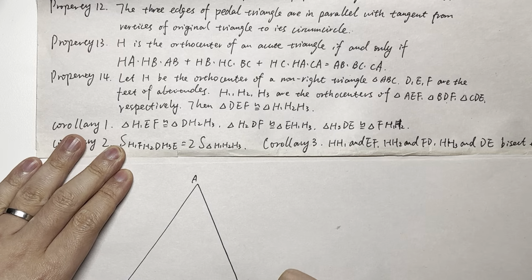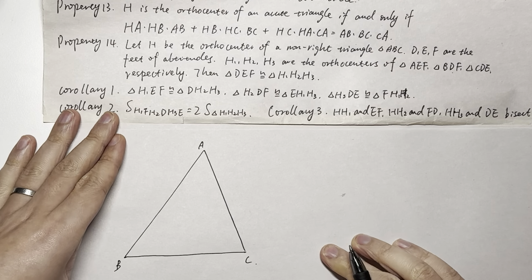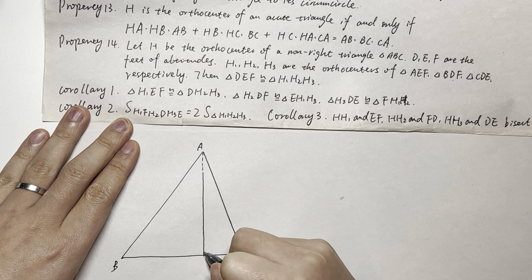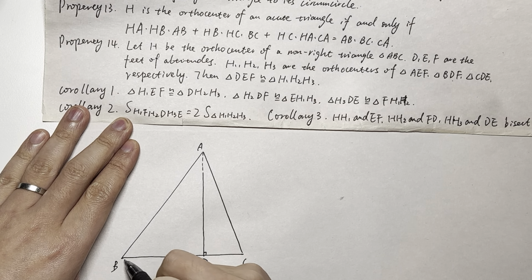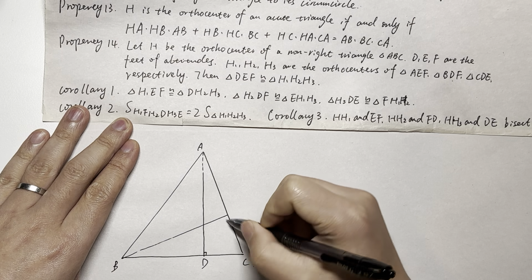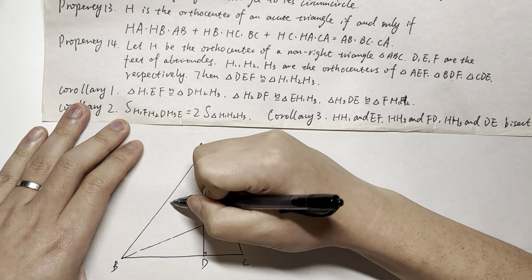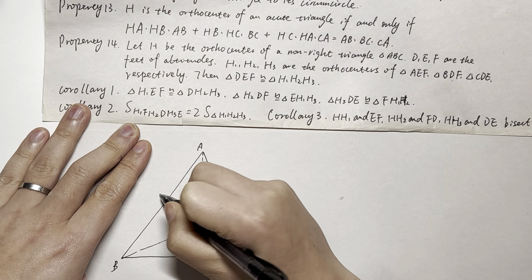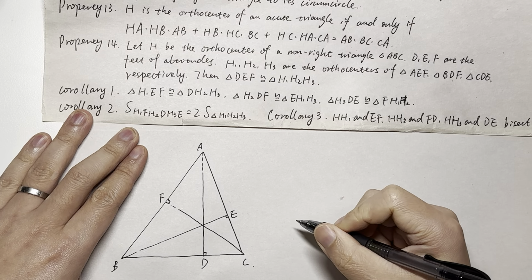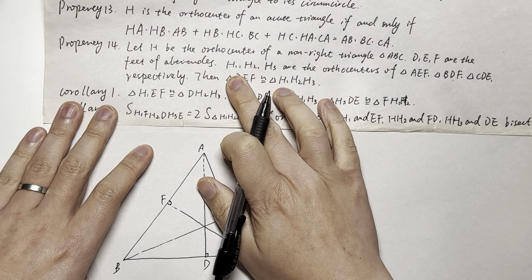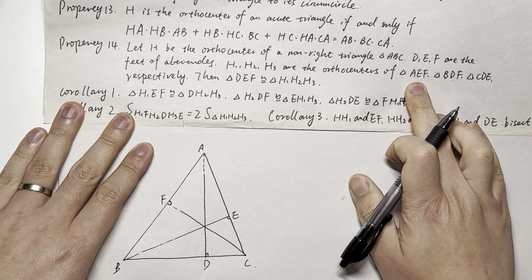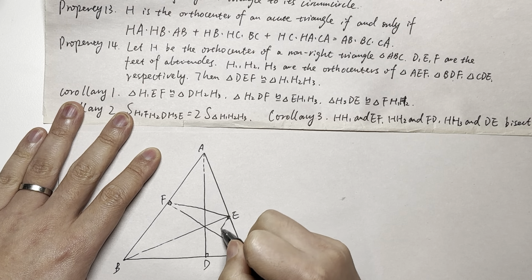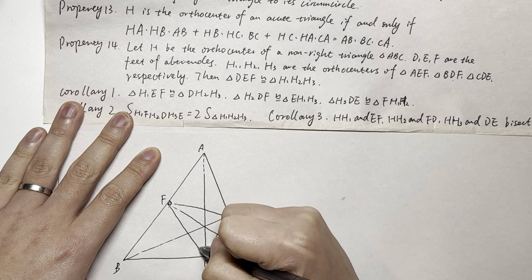A, B, C, right? And this is D. This is E. This is F. So we know that H1 is the orthocenter of triangle AEF. So we connect EF, ED, FD.